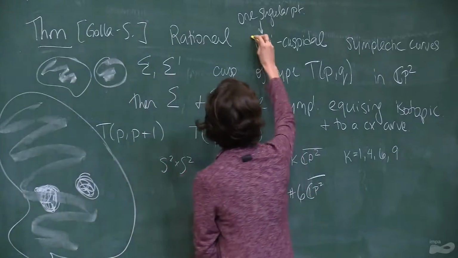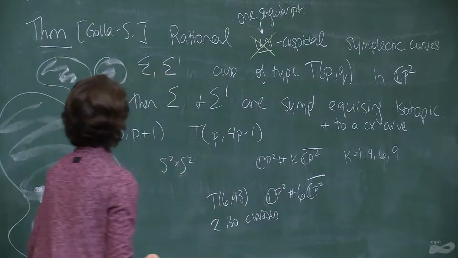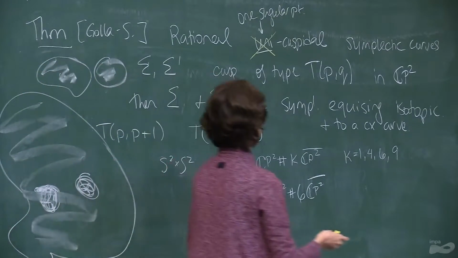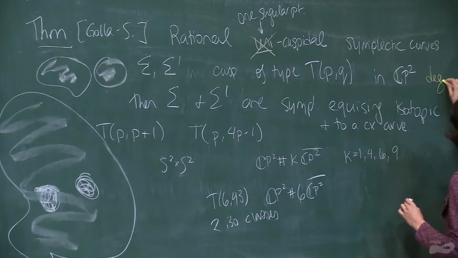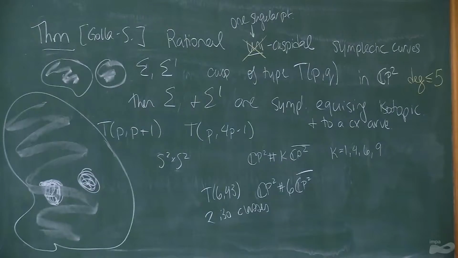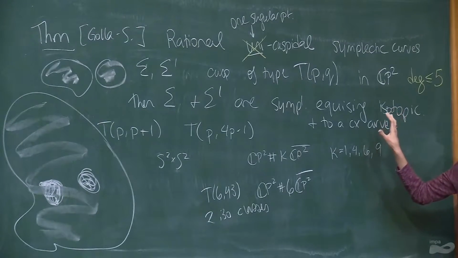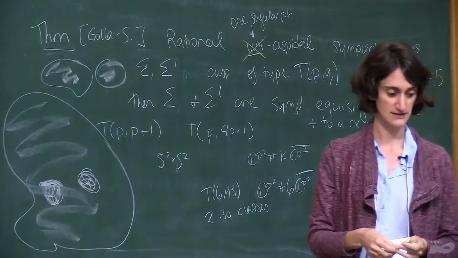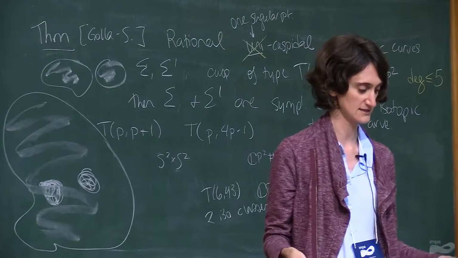If you get rid of unicuspidal symplectic curves, but add that the degree is at most 5, then again we have the same result: in CP2, when they exist, there's a unique symplectic isotopy class, and they only exist if the complex curve with the corresponding singularities exists. So there's an existence and uniqueness aspect to it.